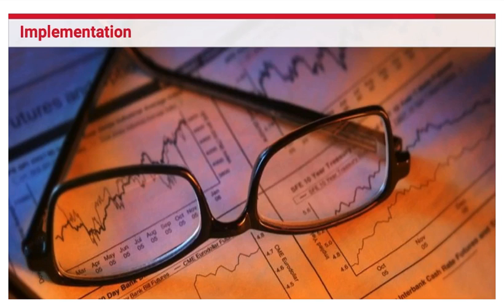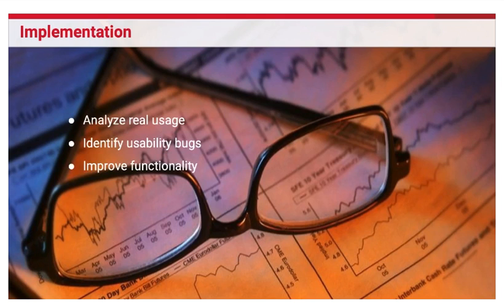Equip your running service with adequate analytics function and define a communication channel for issues and feedback on your service. Implementation will help you analyze real usage, identify usability bugs, improve functionality, and iterate and evolve.